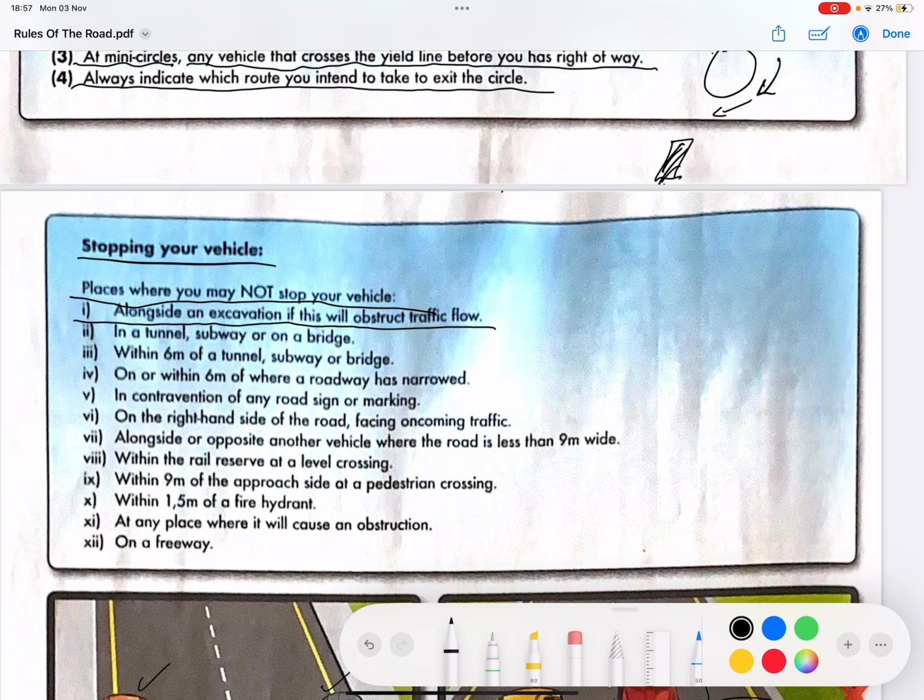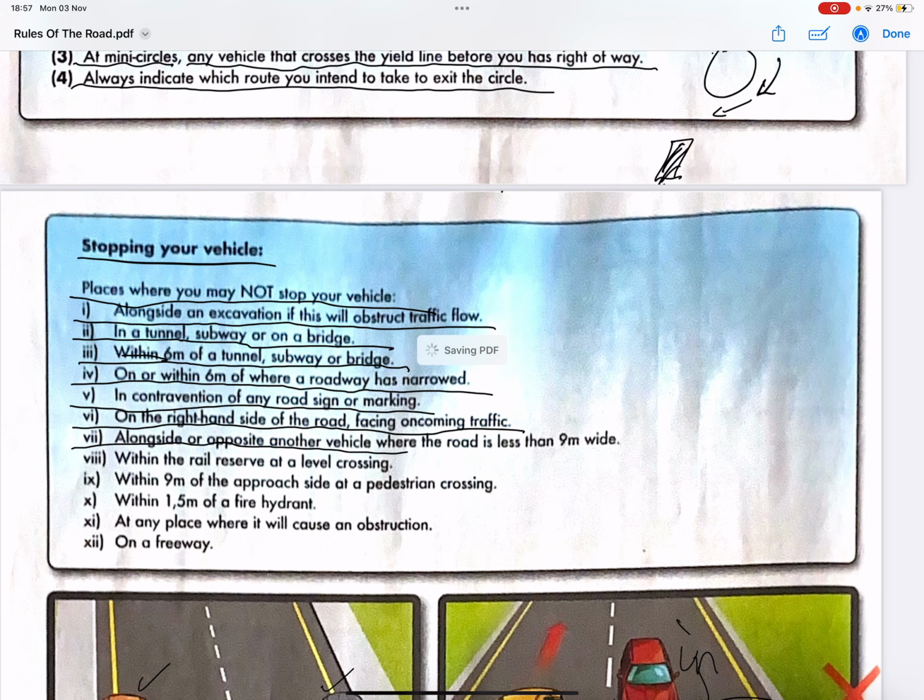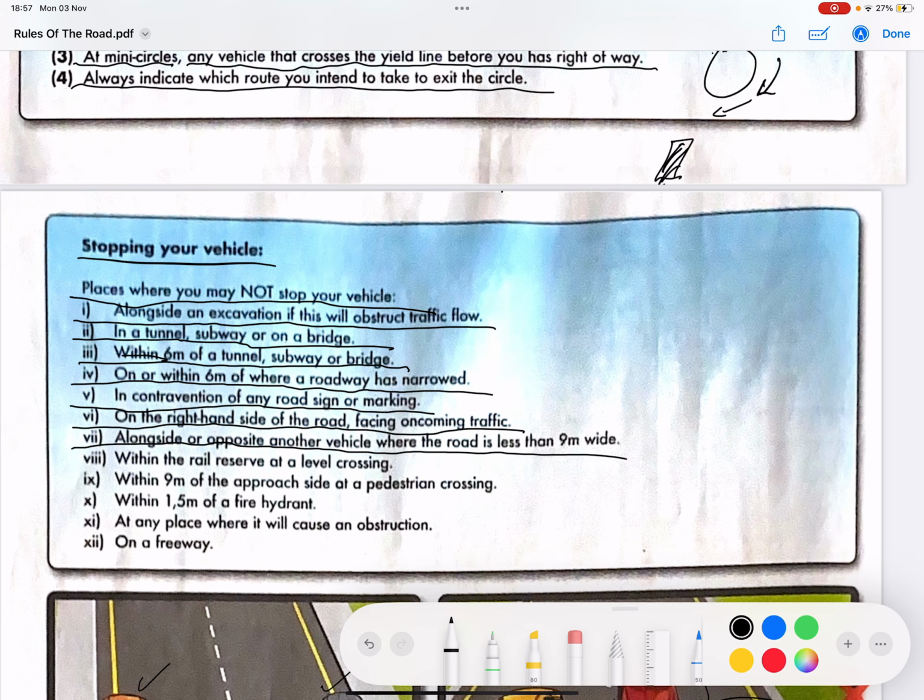You may not stop your vehicle in a tunnel, subway, or a bridge, within 6 meters of a tunnel, subway, or bridge, on or within 6 meters where a roadway has narrowed, in contravention of any road sign or marking, on the right-hand side of the road facing oncoming traffic, alongside or opposite another vehicle where the road is less than 9 meters wide.